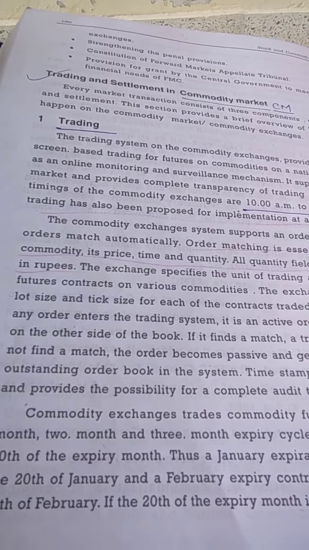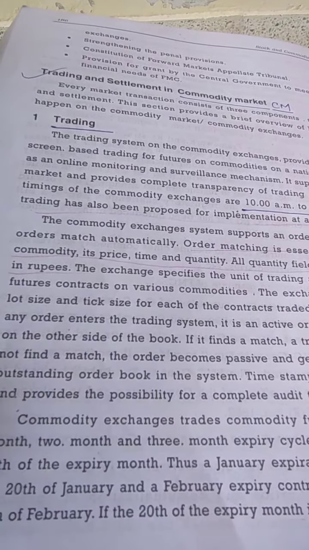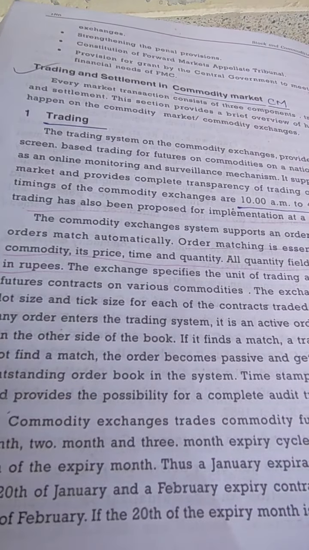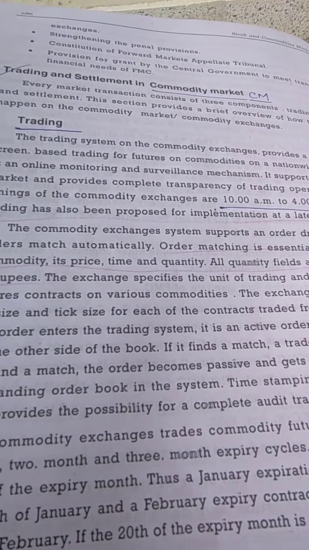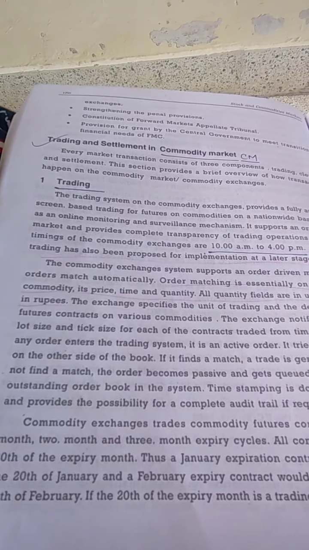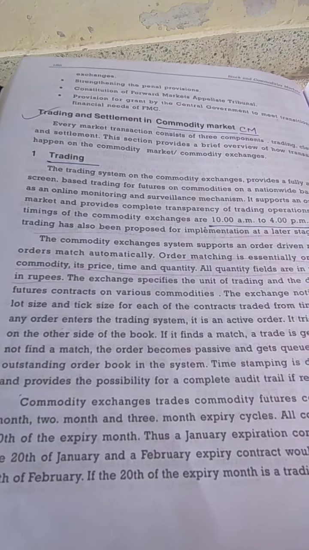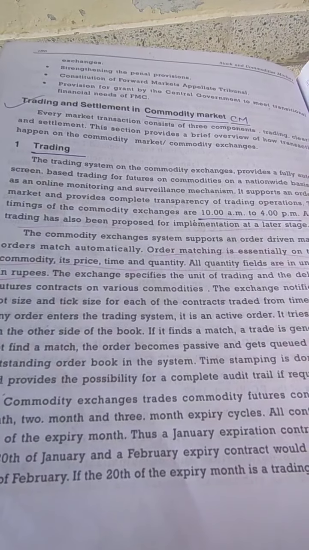Settlement is where the physical delivery of the commodity happens and the settlement of cash also takes place. These are the three procedures involved in settling a transaction between the buyer and the seller.